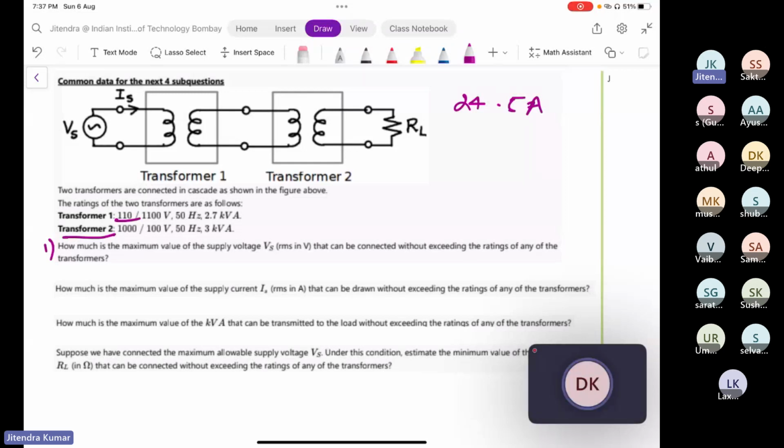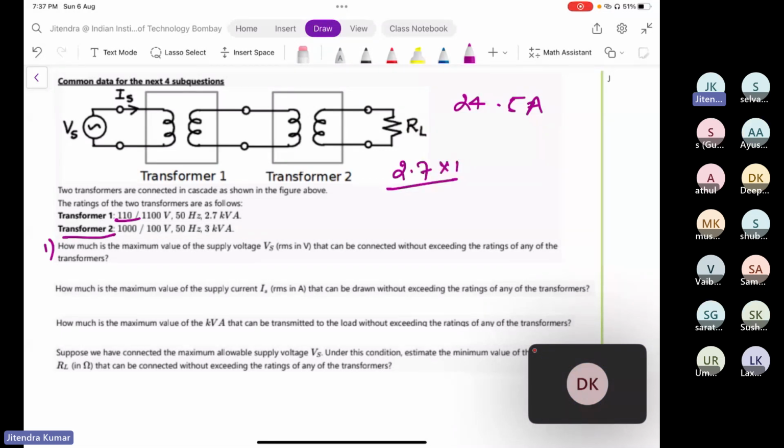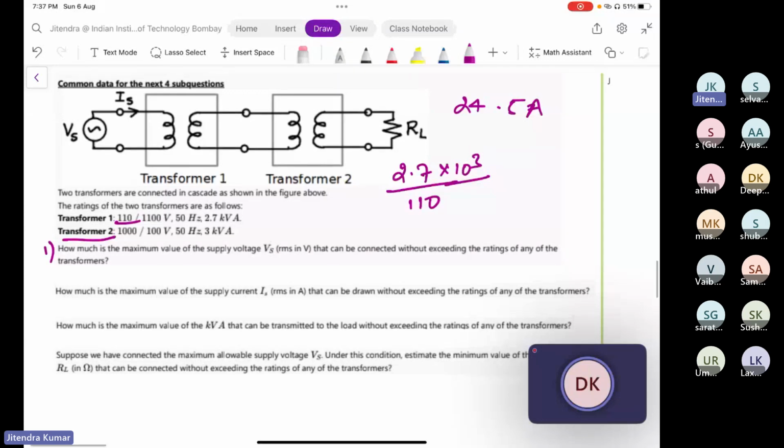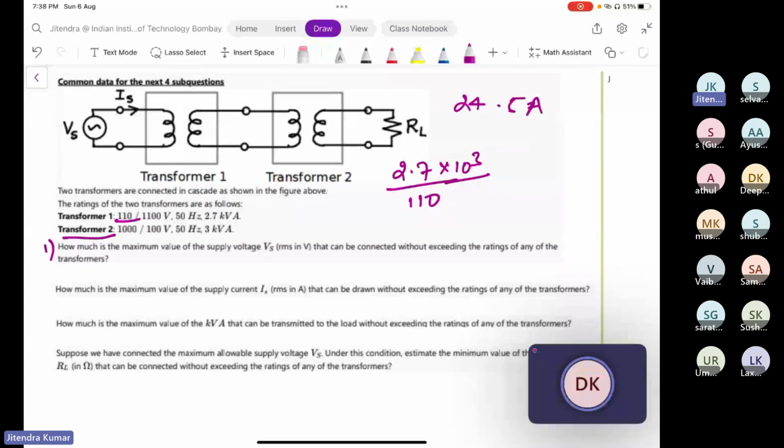Sir, since they have given ratings of each transformer and the voltage of both sides, we can find out the primary current of the first transformer. This is the expression, right? So, sir, IS will come 24.5 from this expression.